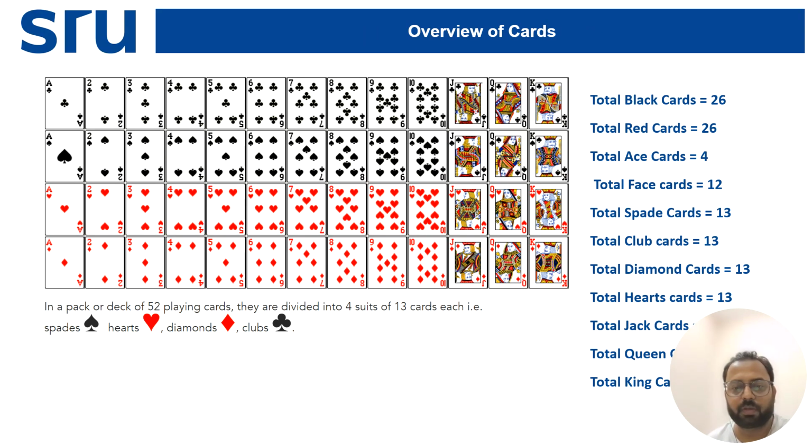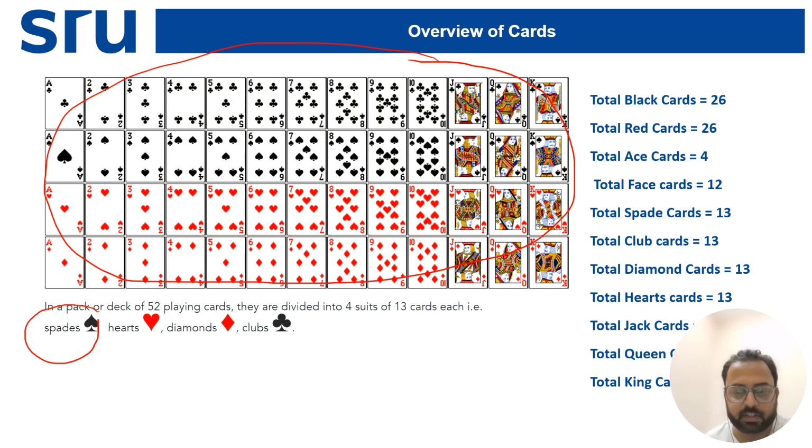Before solving the problem based on cards, let me quickly give you a brief overview of cards. In a deck of playing cards, there are a total of 52 cards: 26 black cards and 26 red cards. The 26 black cards have two types: 13 spades and 13 clubs.